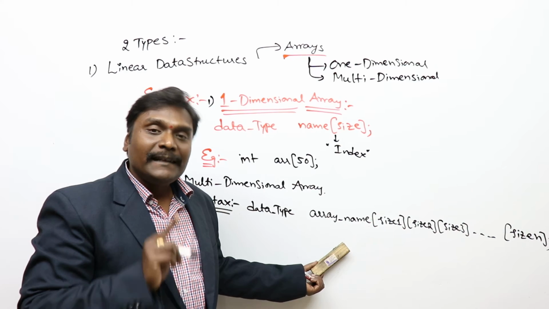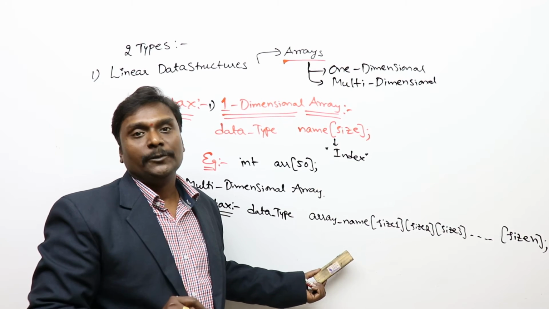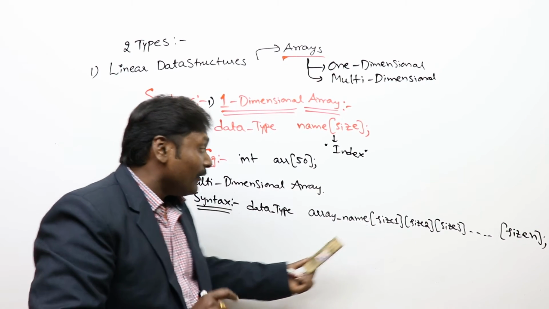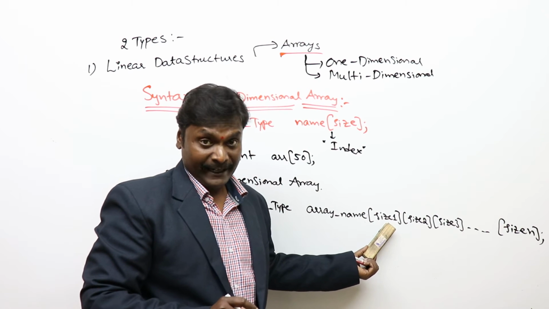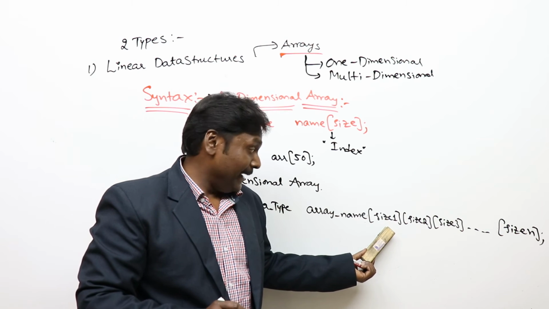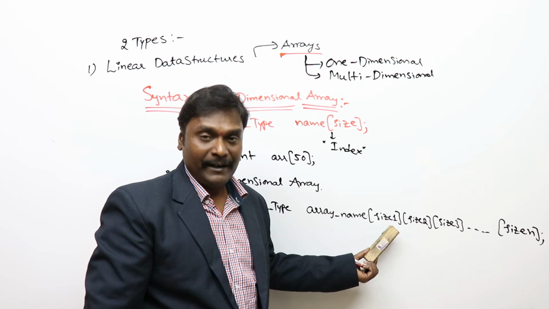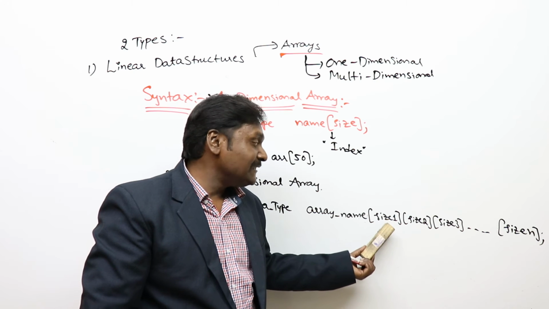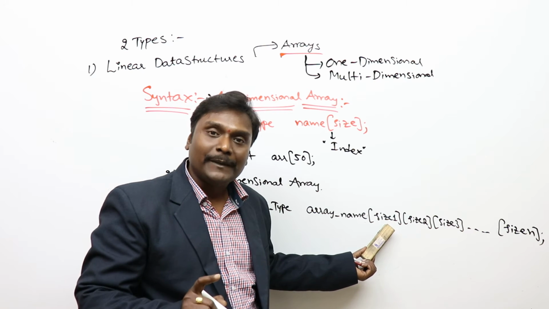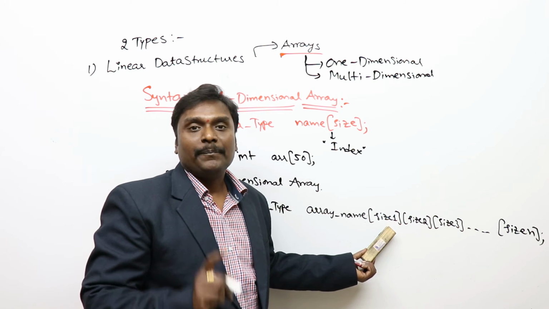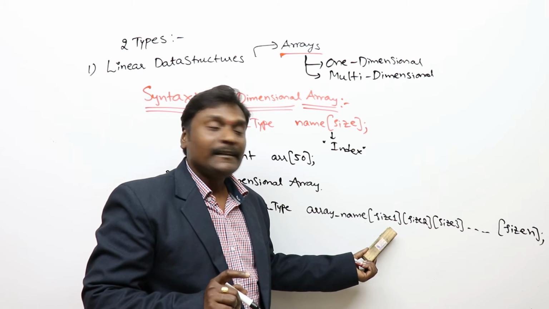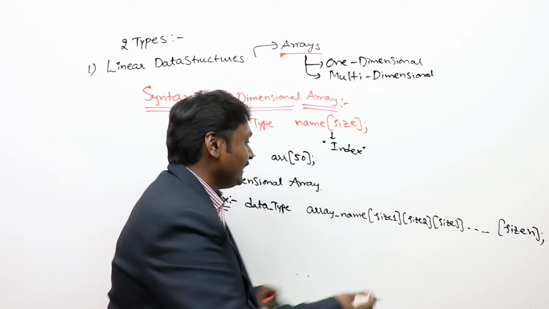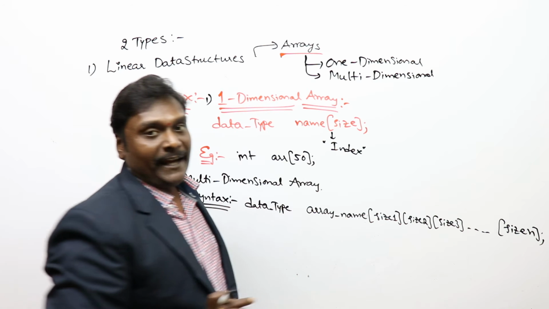But one thing we must remember is that the first dimension is the base index. Whatever I have given as size 1 is the base index, and it is compulsory to specify. You must give the value for size 1.